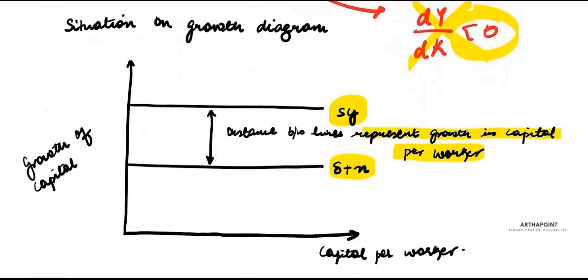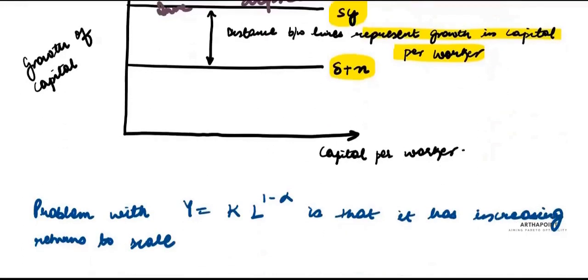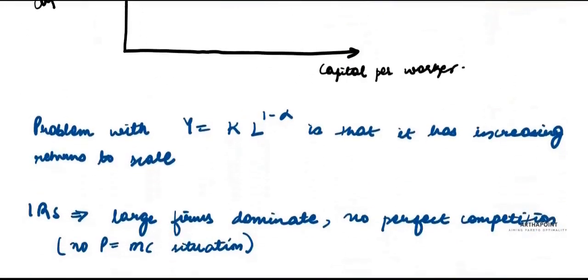So we already know that growth in capital per worker is SY minus (delta plus N) into K. This is your investment, and this is your depreciation. You're just trying to show the distance between these two as the growth.